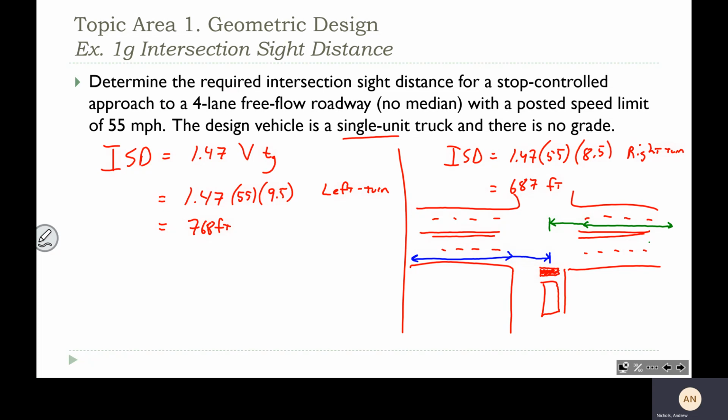It'd be the green, because the left turn movement, we're looking for gaps in traffic here. Realistically, you're looking for both. But then the right turn movement would be the 687 feet. Because the right turn movement, we could care less about the traffic coming from the other direction.